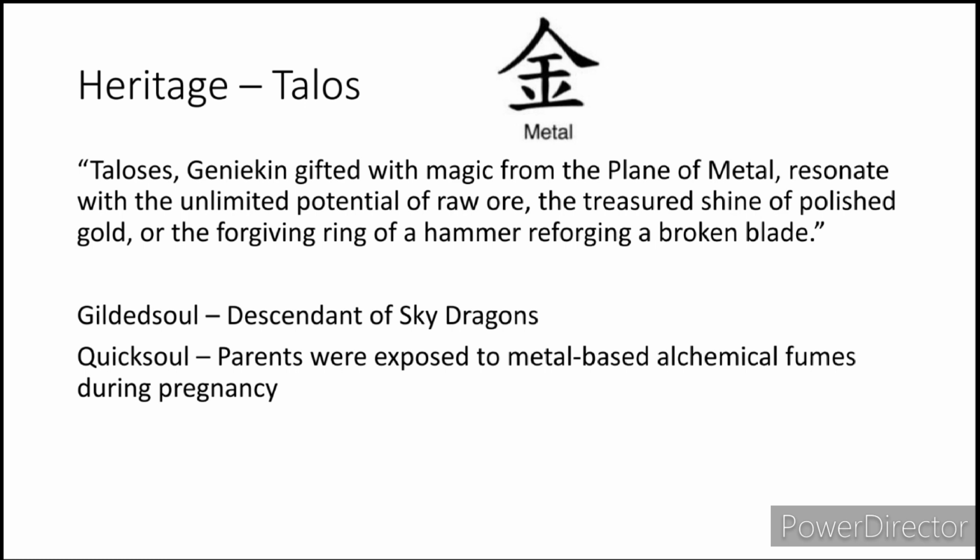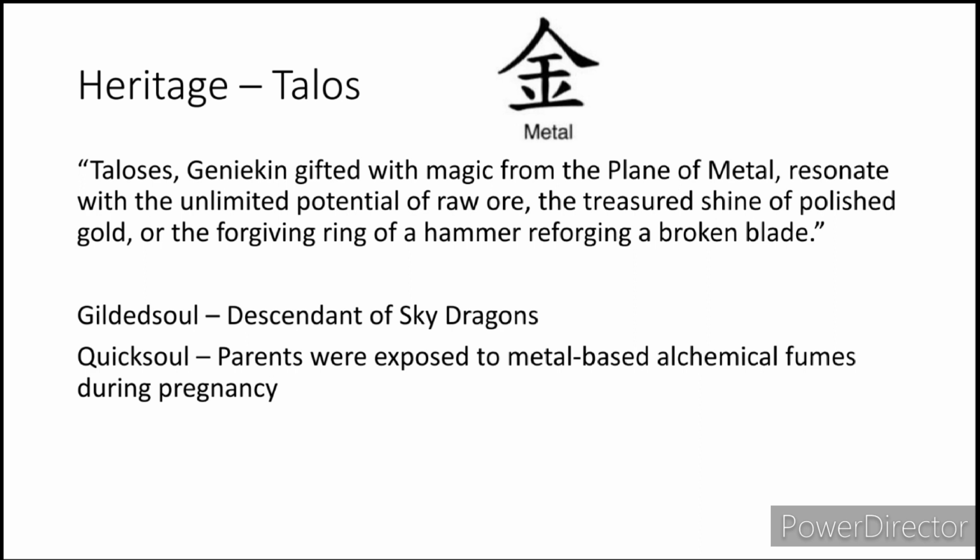Taloses are Geniekin gifted with the magic of the elemental plane of metal, resonating with the unlimited potential of raw ore, the treasured shine of polished gold, or the forgiving ring of a hammer forging a broken blade. There is a subcategory mentioned in the feats known as a Pharaoh's soul, but that's just a feat, so that seems to go into these other two subcategories known as gilded souls, which are descendants of sky dragons, or the quick soul.